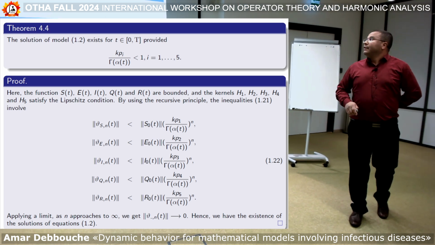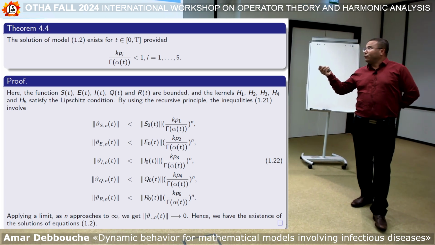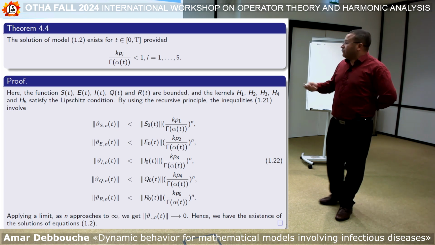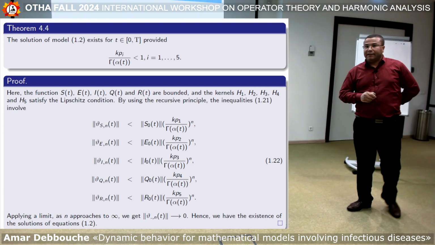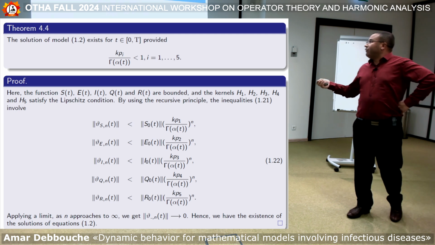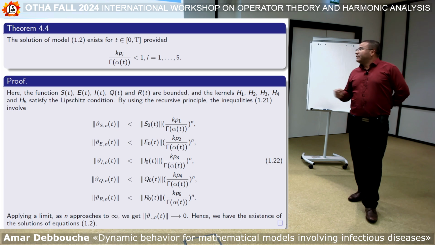Now we show the existence of a solution based on the previous analysis, provided that this sufficient condition is satisfied. For the existence, we use the fact that our solutions are bounded and our kernels satisfy Lipschitz conditions.